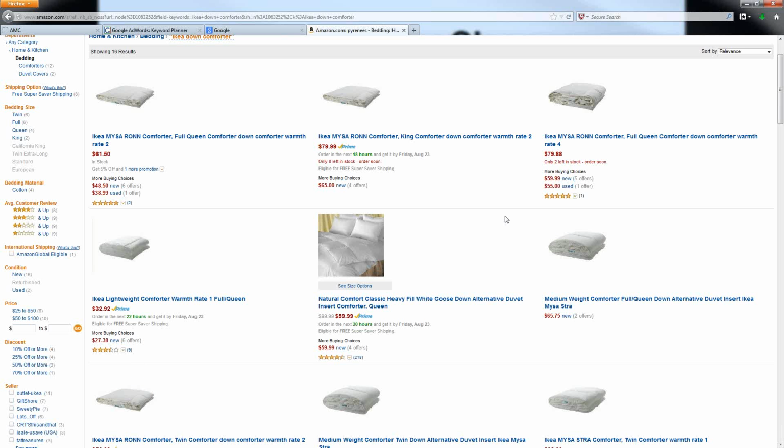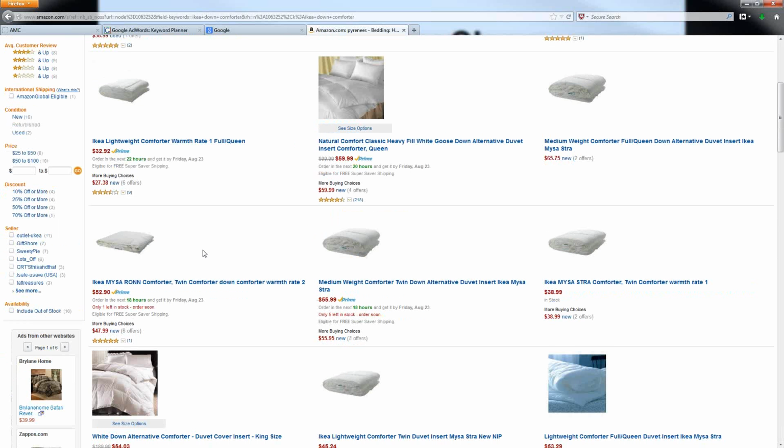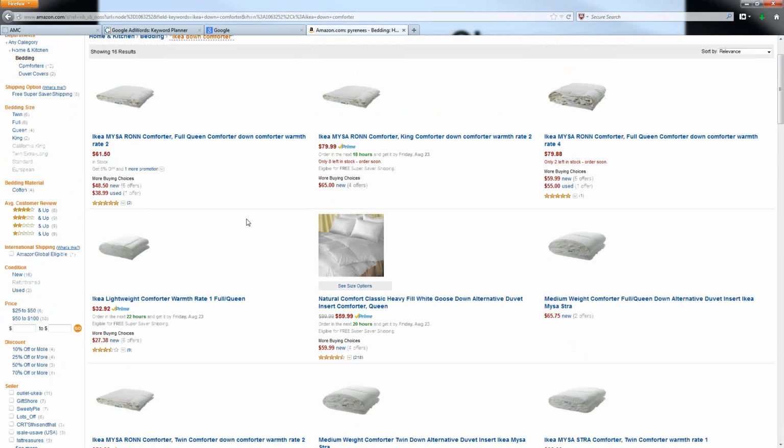So this will be yet another brand that I'm going to attempt to target on this site and list some of their down comforters. They really seem to be more of a budget down comforter, even cheaper than the Pinzon comforters, which is likely a reflection of the quality of the comforter too.